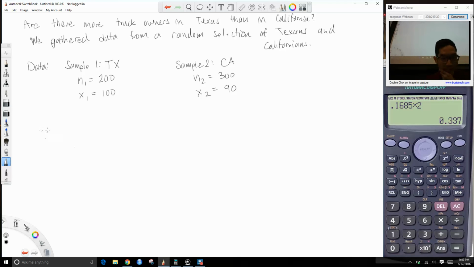So this is what's given to us, and then we're gonna ask, do we have evidence that more people in Texas, or a greater proportion, a higher percentage of Texas owns trucks than California?